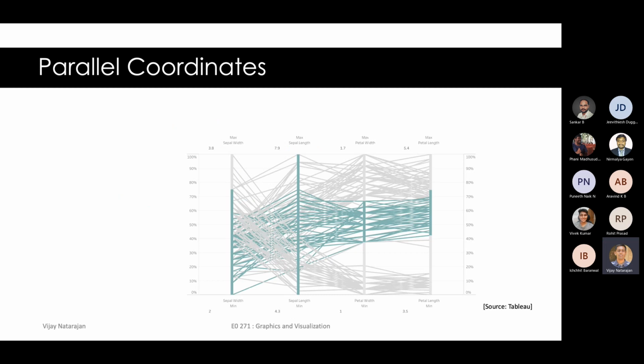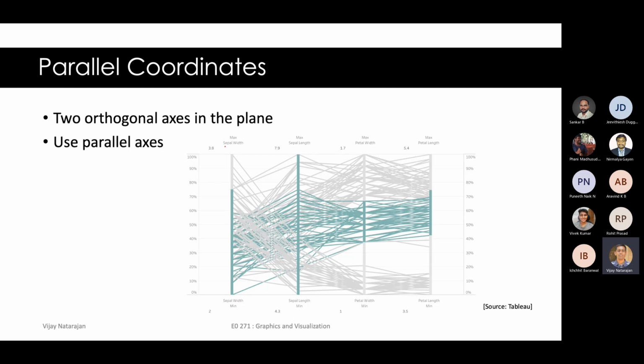The idea is, instead of drawing the axes as orthogonal to each other on the plane, you draw them parallel to each other, right? So here, this is 4-dimensional data, and each axis is shown as a vertical line.